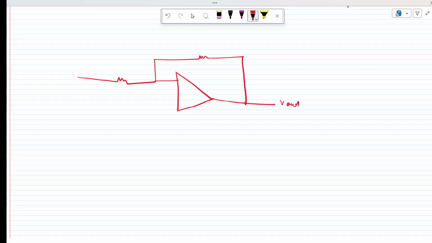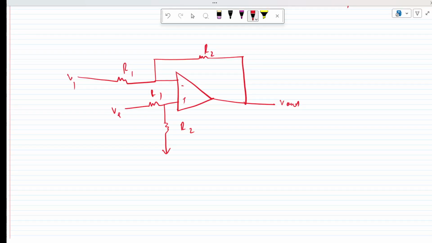This is V out, minus and plus. Here is the twist. We are going to be adding two resistances over here. This is R1, this is R2, this is grounded, this is the same V2 that we applied earlier, this is V1, this is R1, and this is R2, our feedback resistance.